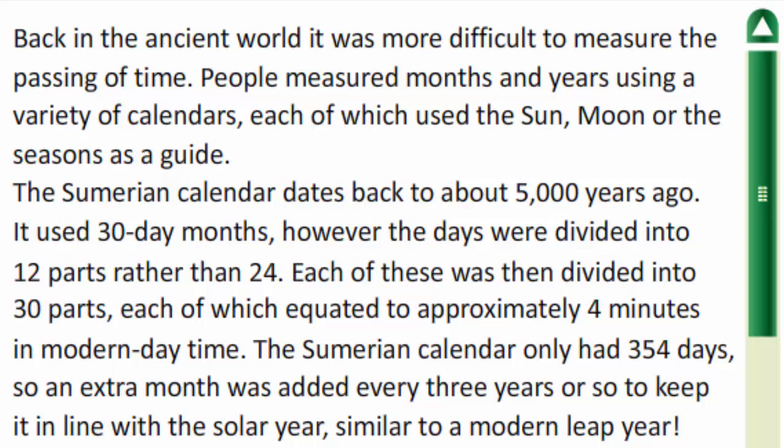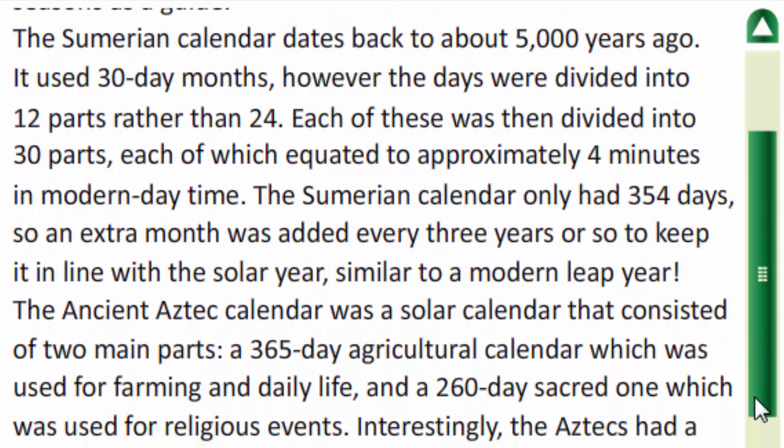Back in the ancient world, it was more difficult to measure the passing of time. People measured months and years using a variety of calendars, each of which used the sun, moon, or the seasons as a guide. The Sumerian calendar dates back to about 5,000 years ago. It used 30-day months. However, the days were divided into 12 parts rather than 24.